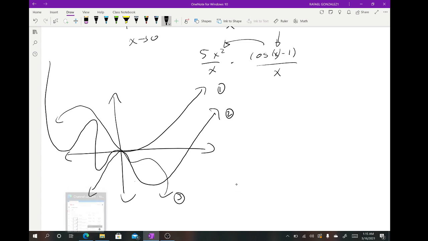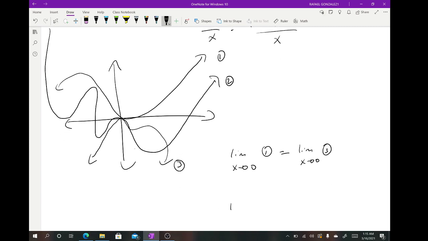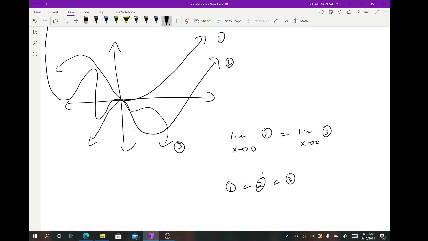The squeeze theorem says that if you know that the limit as x goes to a number, in this case I'm going to say 0, of the first function is equal to the limit as x goes to the same number of the third function, and if you know that the second function is trapped between the first and the third, then the limit of the second function at 0 has to be the same as the limit of the first and the third function.